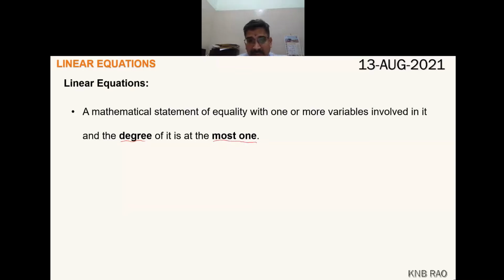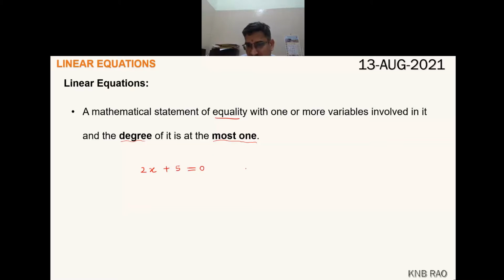What does degree of the variable mean? Let me explain. Suppose you have 2x + 5 = 0. This is an equation because it has an equality sign.